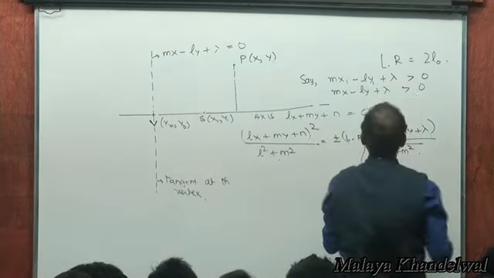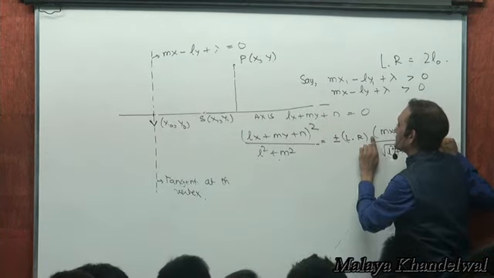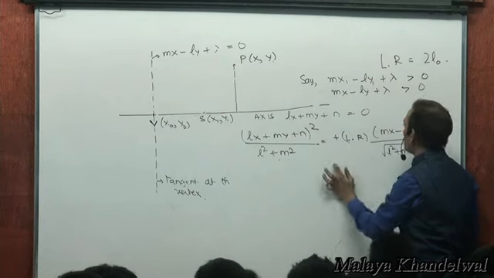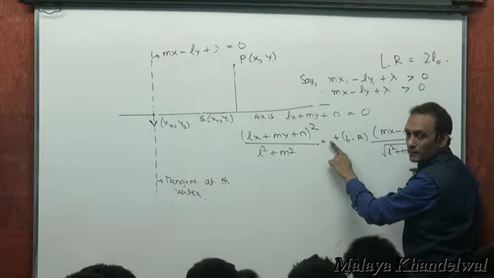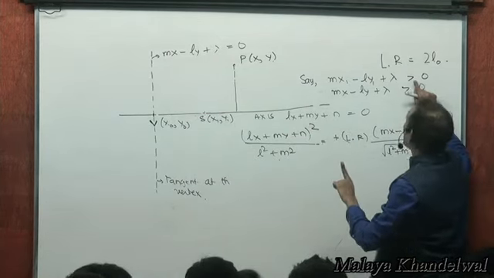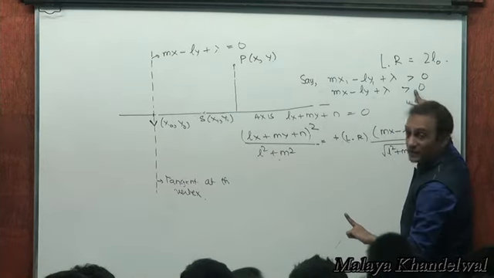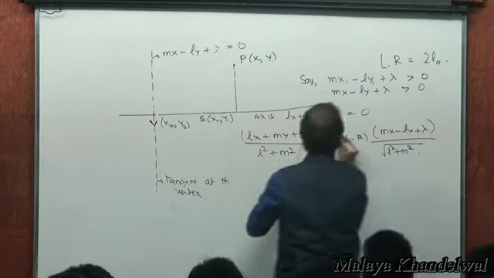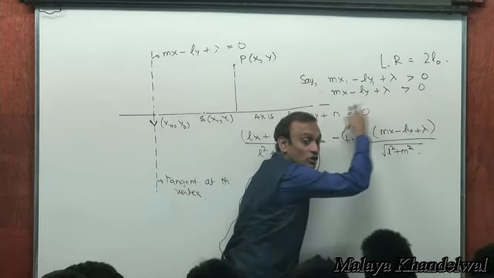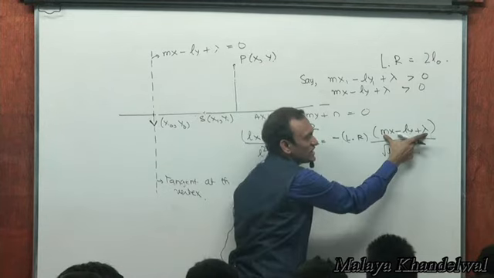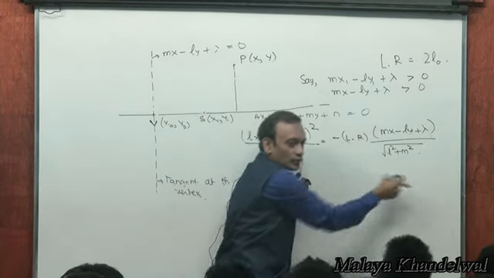So if this is positive, then this whole thing is non-negative. In order to make this non-negative, I will take a plus sign. If however the focus produced a negative sign, then (x, y) will produce a negative sign, so I will take a minus sign on this, so that this whole thing turns out to be non-negative, because then it is negative into negative, which will turn out to be a positive number.